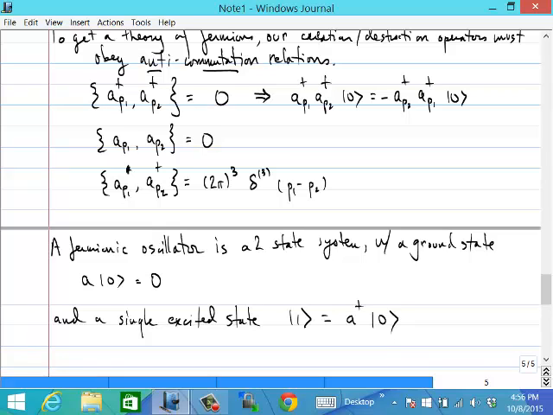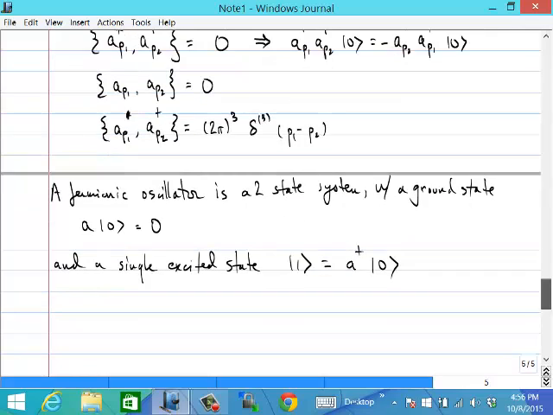And what happens if you try and construct a two particle state? Well, the two particle state, a dagger squared acting on the vacuum. Well, a dagger anti-commutes with a dagger, so a dagger squared is minus a dagger squared.